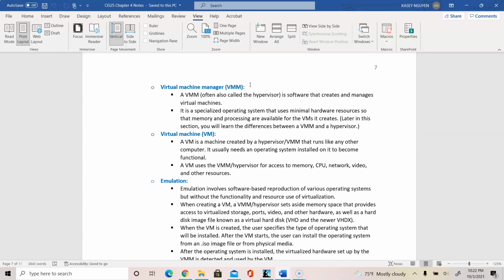Then we have emulation, which involves software-based reproduction of various operating systems without the functionality of the resource of virtualization. So it's different than virtualization. When you create the virtual machine in an emulator, you would then use virtualized storage ports, video, and other hardware.